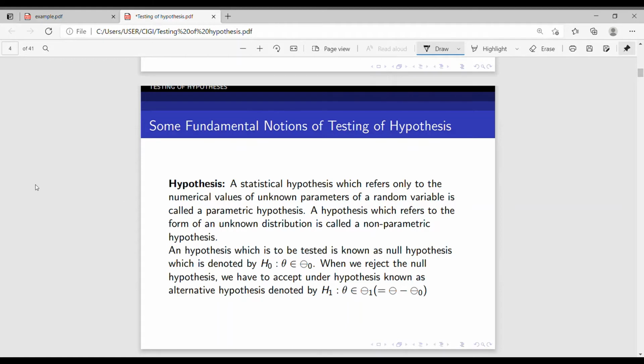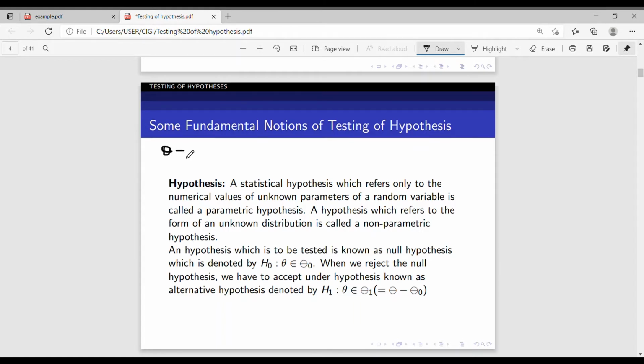Suppose our statement is whether theta equals 1 by 2, or theta equals some theta naught. Then we are testing the numerical value of this unknown parameter.